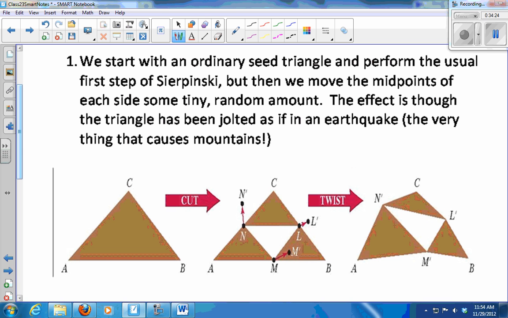We move these midpoints just a little tiny bit. Okay? A little tiny random amount. And the effect is that the triangle has been jolted as if in an earthquake. And earthquakes are the very things that make mountains, right? So I'm doing Sierpinski's gasket and I'm applying a little earthquake at each step.